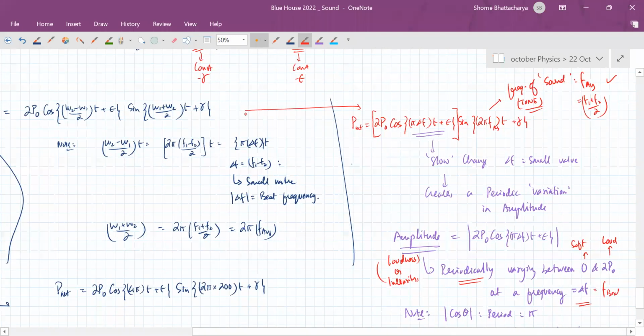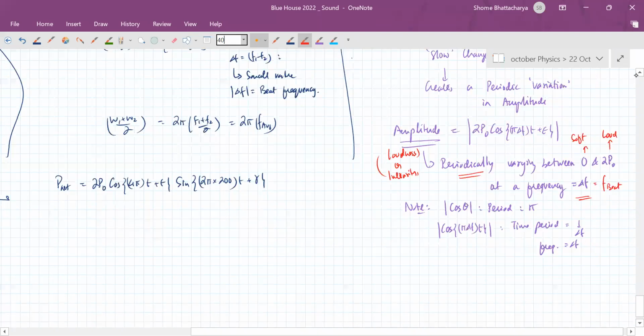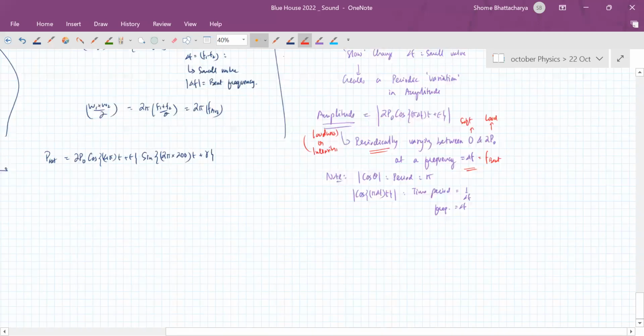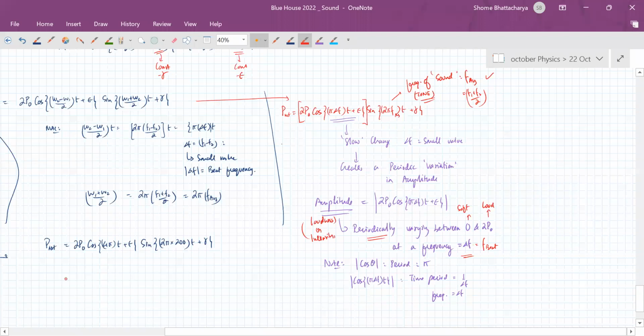So I'll just minimize this and note down these points. Then we'll understand this through a visual picture also. Just a couple more minutes, we'll complete the lecture.